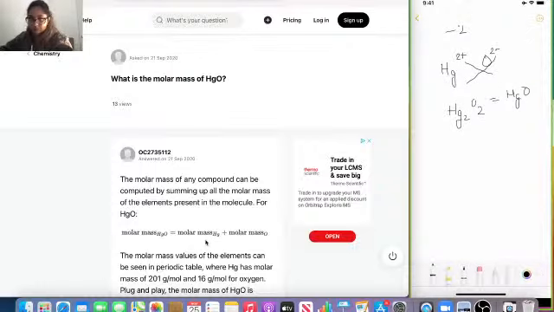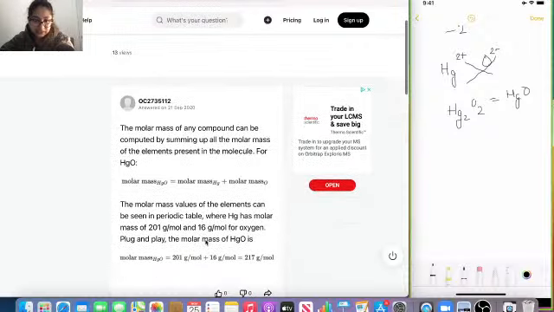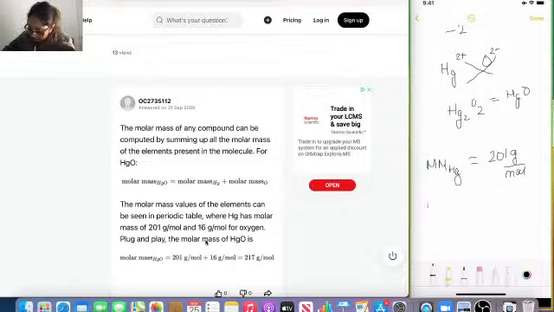And so now we're trying to find the molar mass of mercury oxide. Mercury has a molar mass given in your periodic table. It's 201 grams per mole. And the molar mass of oxygen is 16 grams per mole.